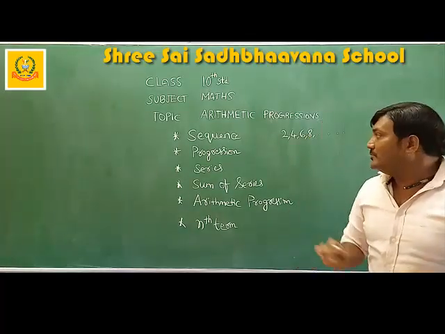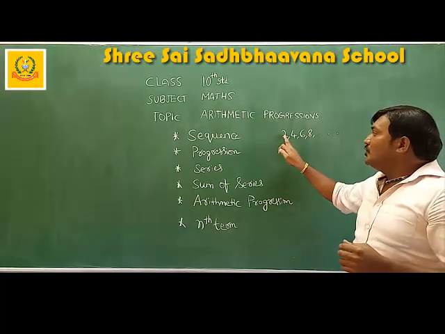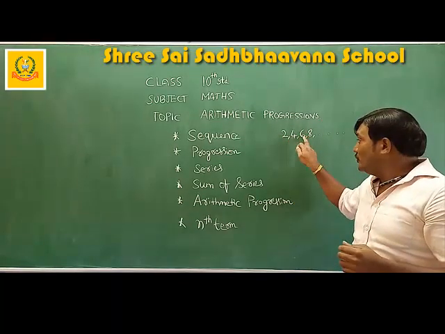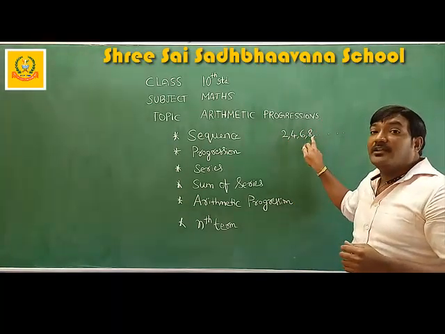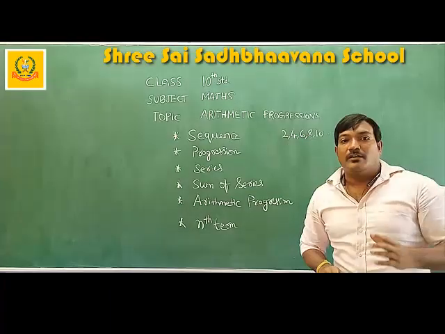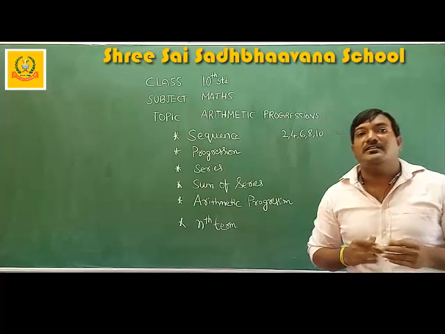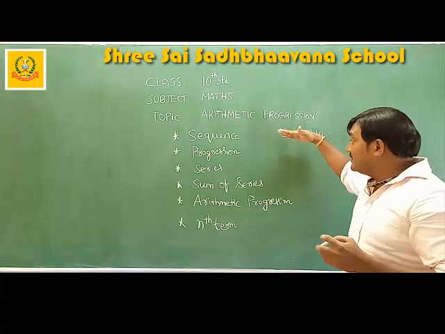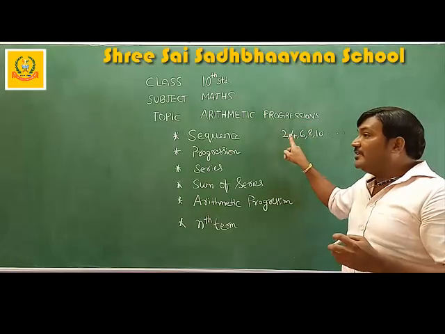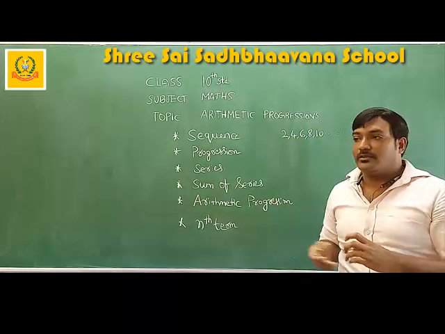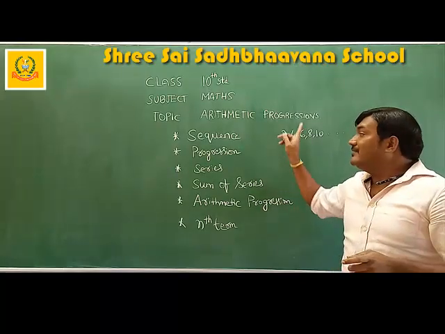In this you observe the uniformity: 2 plus 2 is 4, 4 plus 2 is 6, 6 plus 2 is 8, and the next number you can easily guess, it will be 10. So here we are writing the numbers in a particular pattern. This is a sequence.